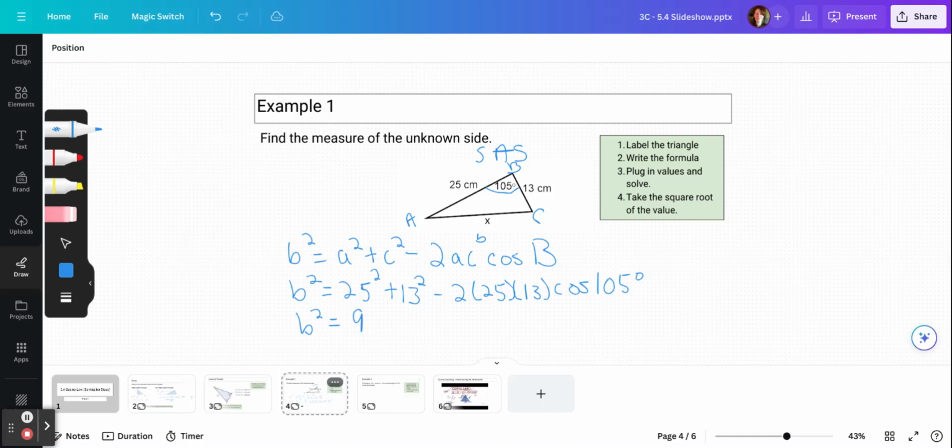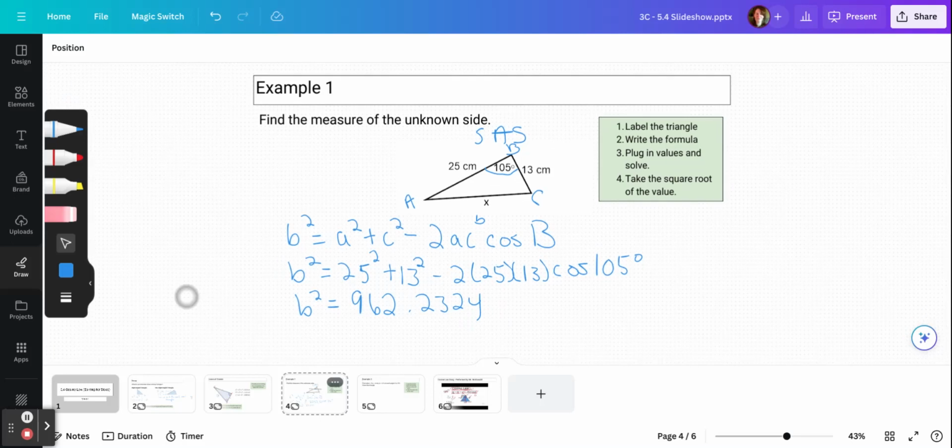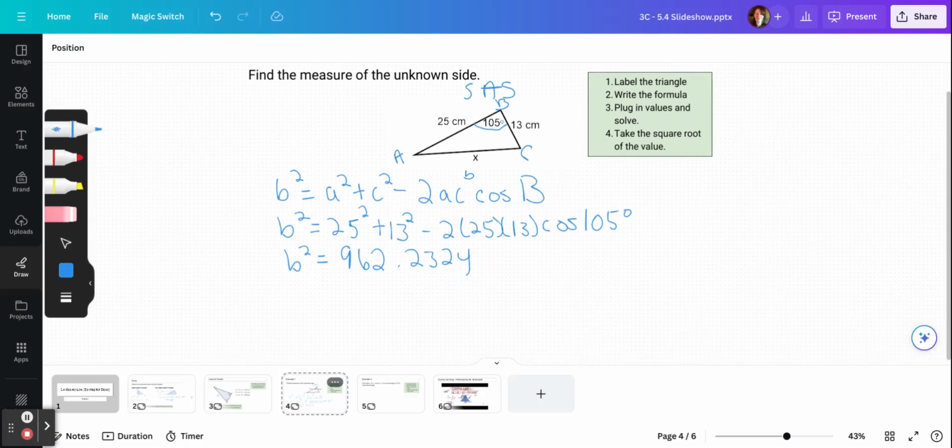You're going to get 962.2324, and I want you to keep 4 decimal places. But we're not quite done because this is b squared. So I'm going to take the square root of 962 because I want to get b by itself. When you do that on your calculator, you're going to get 31 centimeters.